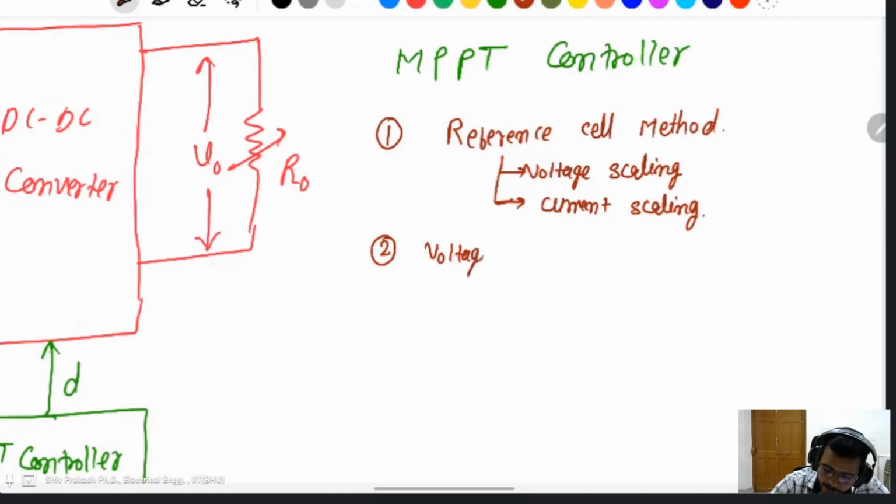Second is the voltage sampling. Third one is the power slope method.